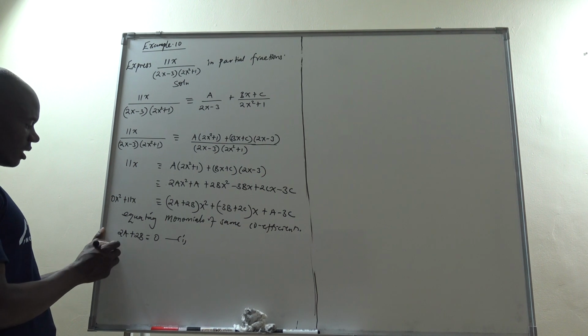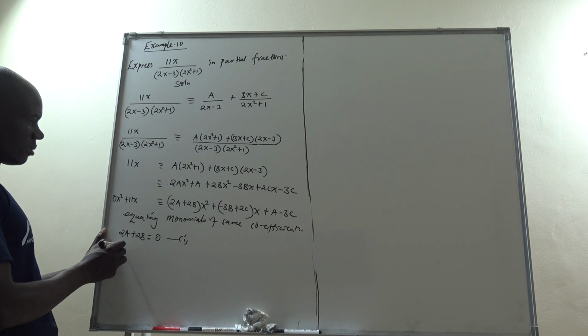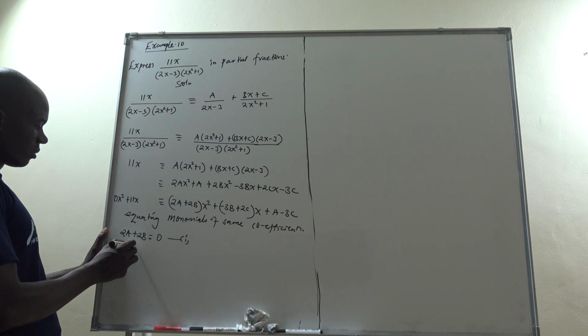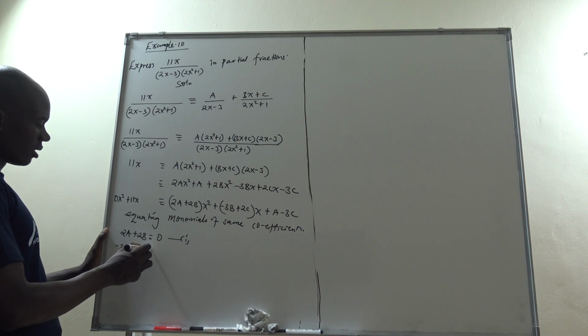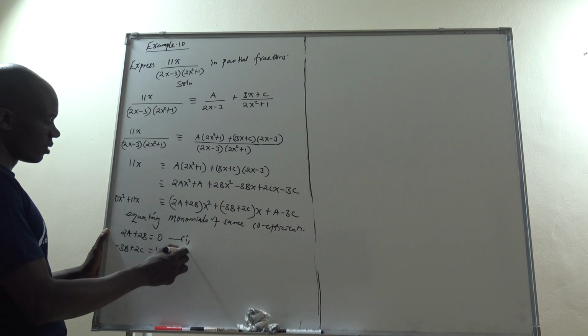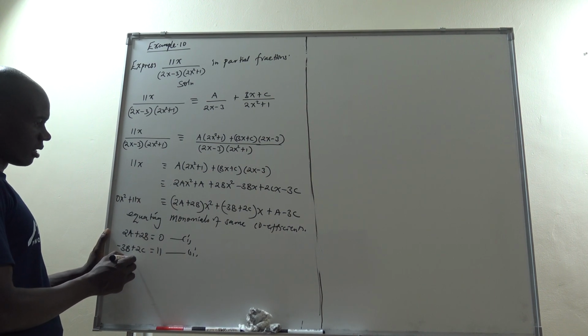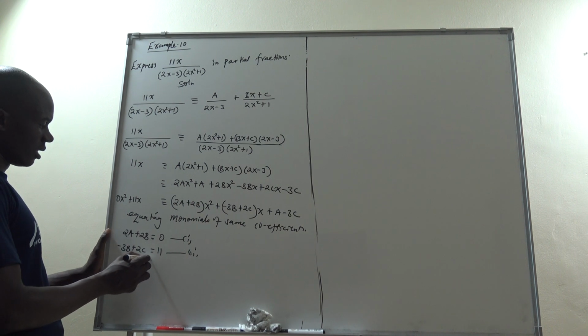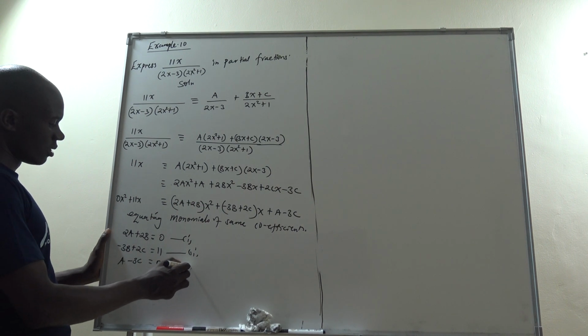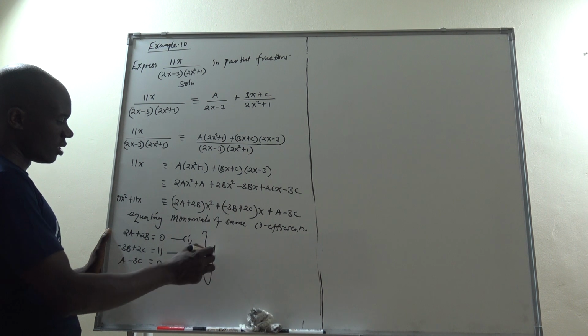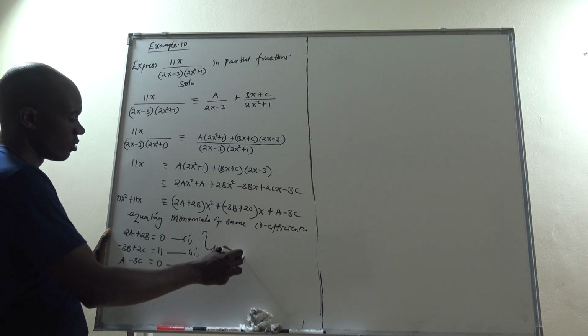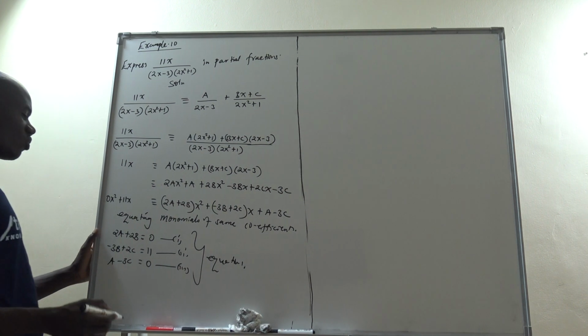Another one is negative 3B plus 2C equals 11. We say this is equation 2. Another one is A minus 3C equals 0, which is equation 3. So these are our equations which we have already extracted.